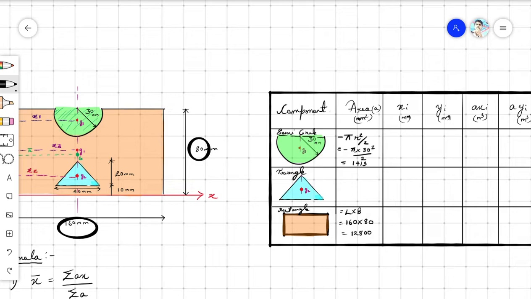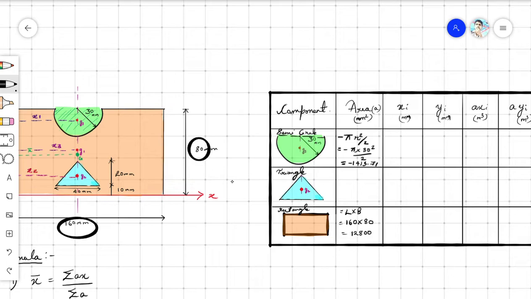That gives you the answer of pi divided by 2, that is 1413.7. I need at least two digits of accuracy in this. And coming to the triangle, here it is a negative value, minus. Remember, that is a negative value.